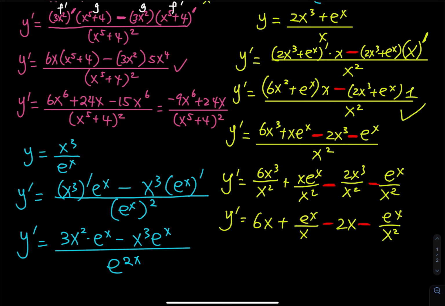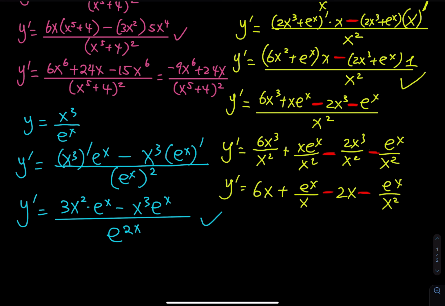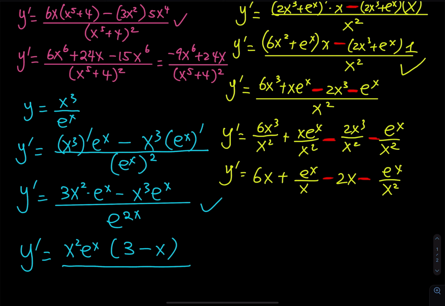This one you can simplify, but I accept this. You can take out x squared e to the x, but to be honest, I think that is not necessary. So x squared e to the x, times 3 minus x, and then divided by e to the 2x.